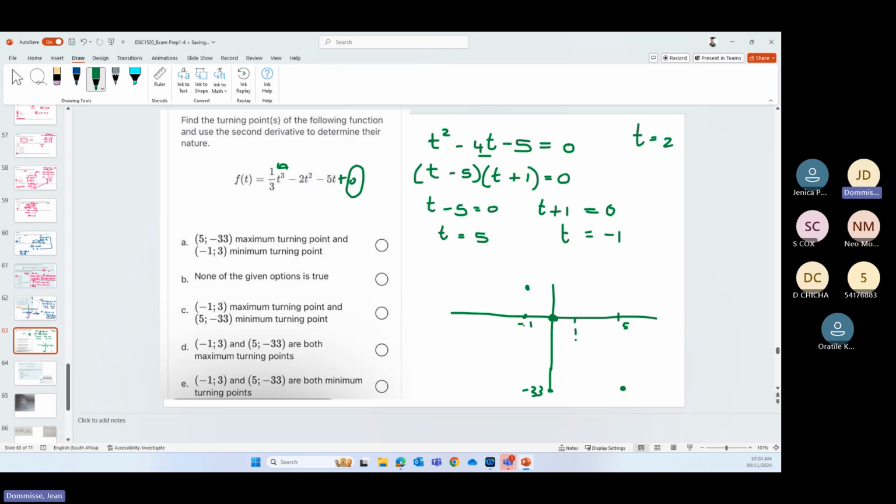Let's check. Second derivative: 2t minus 4 is equal to 0. So 2t is equal to 4, t is equal to 2. So we got that sorted out.